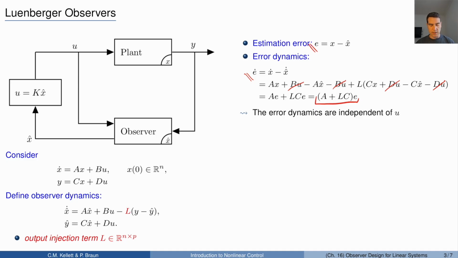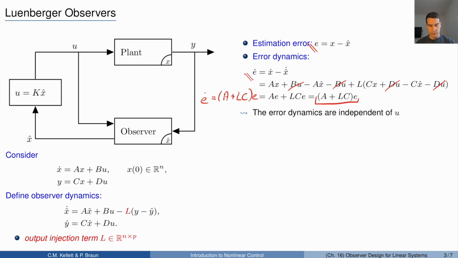As before, the error dynamics are independent of u, and now we are left with the system dynamics e dot equal to A plus LC times e.